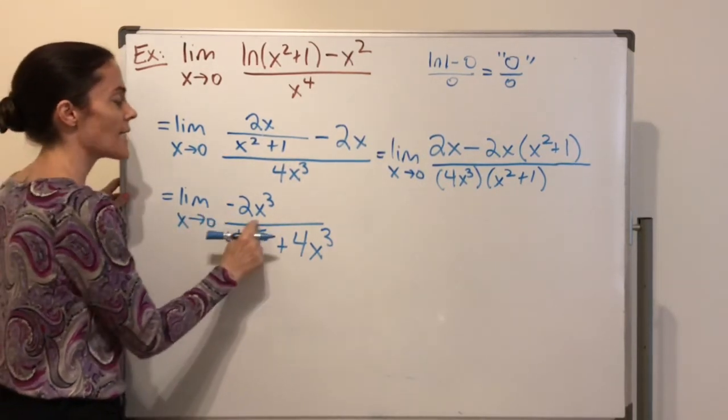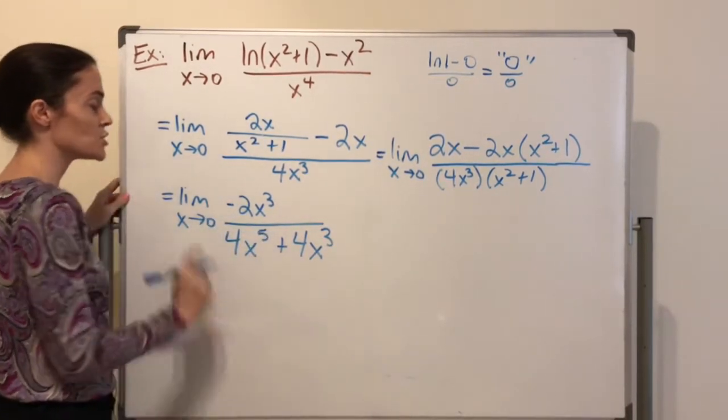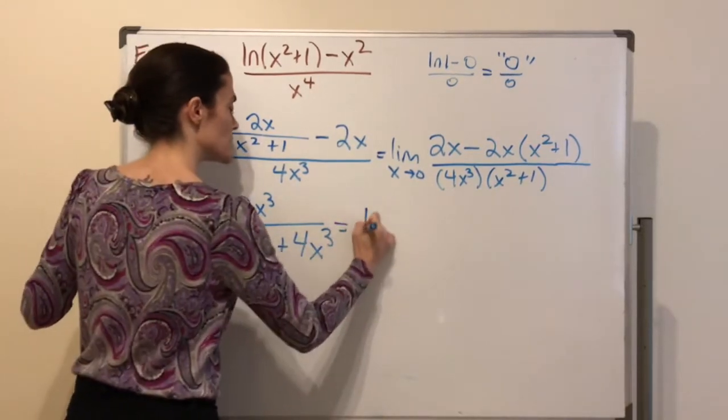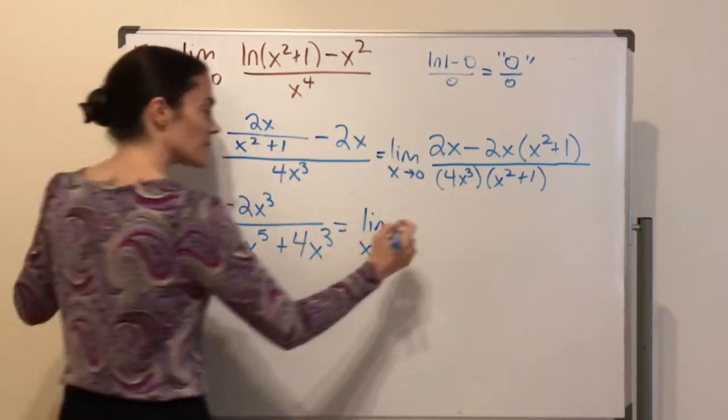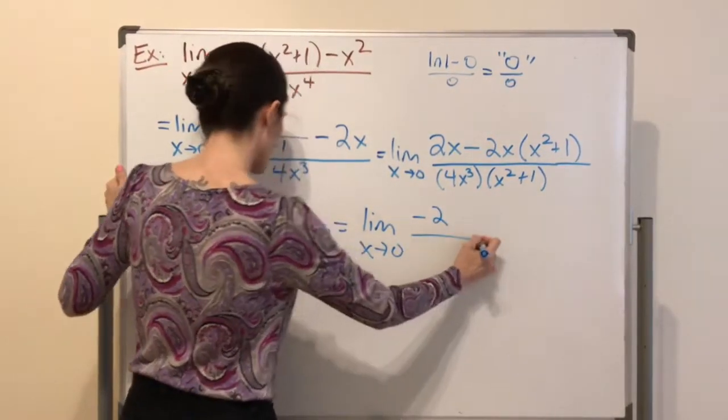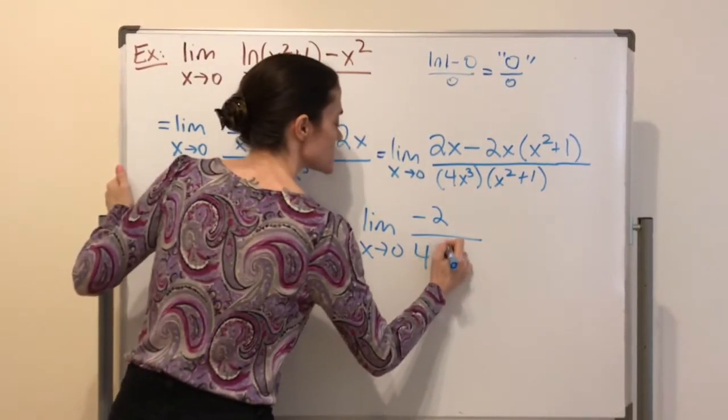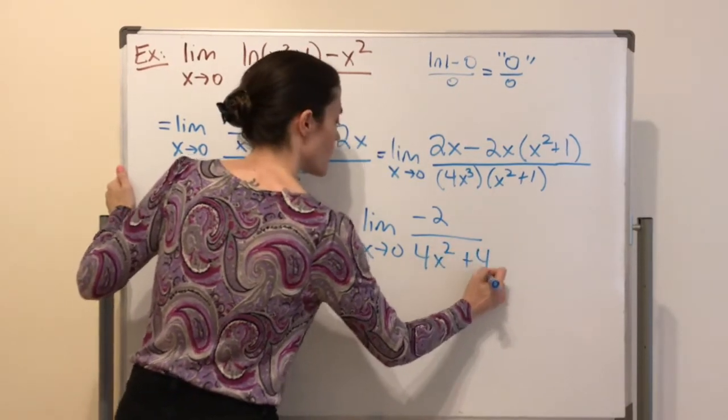Well, I will divide by the power that is common to all of these, which is x cubed. So this is a limit as x approaches 0 of negative 2 over 4x squared plus 4.